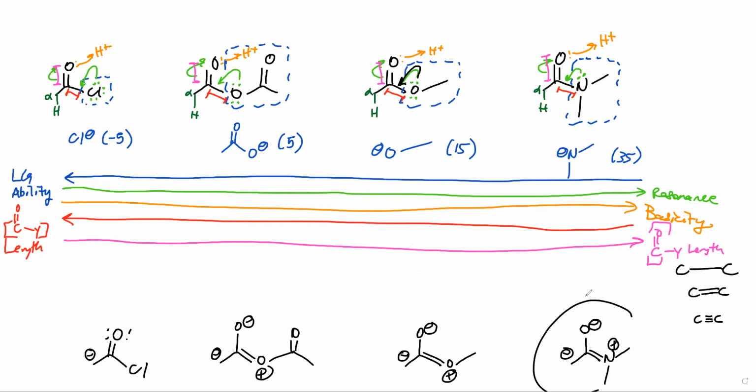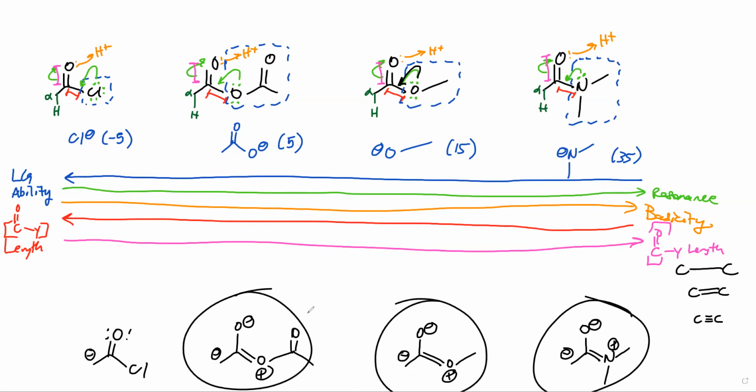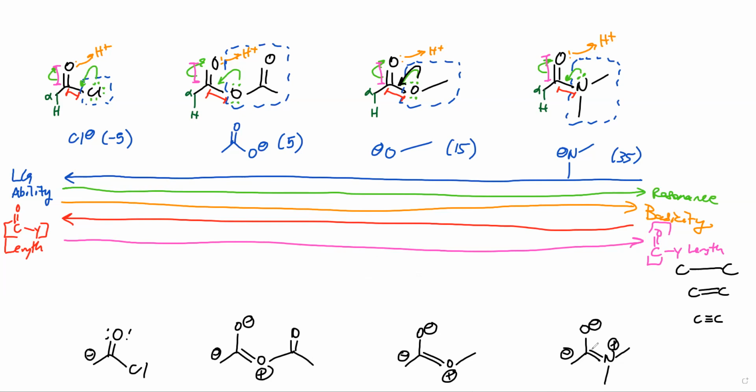So if this one resonance form is destabilizing the anion, and specifically it's the resonance form where the Y group donates electrons in, then the question just becomes, how donating is that Y group, making this resonance form further destabilize the enolate?